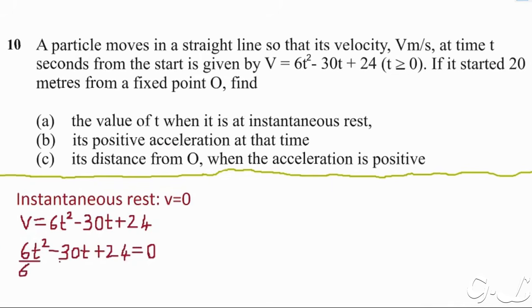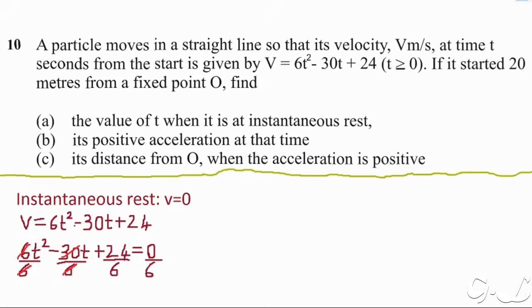So in this case, we are trying to make our work easier by dividing 6 throughout. So 60t squared divided by 6 and negative 30t divided by 6, 24 divided by 6, and then 0 divided by 6.